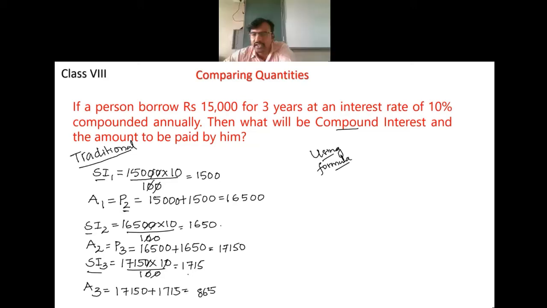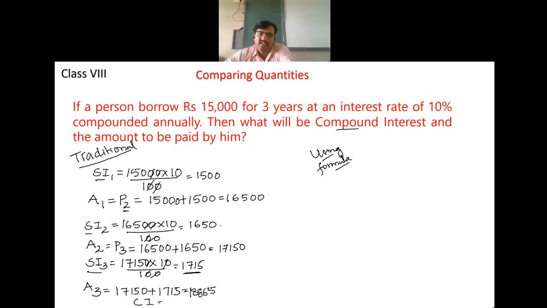Sir, it is an interest. Interest is added on the amount. Add them: 18,865.